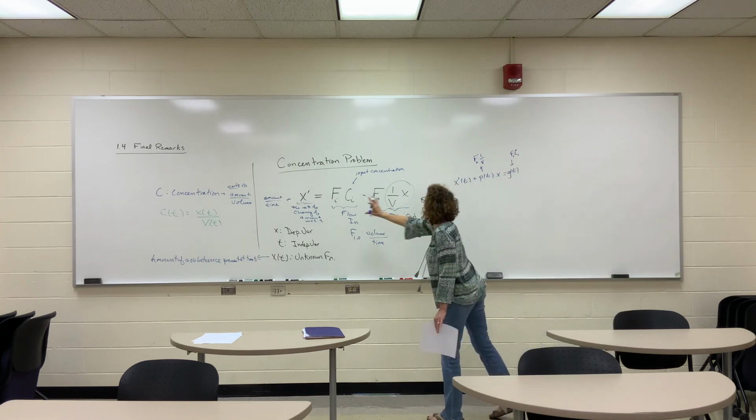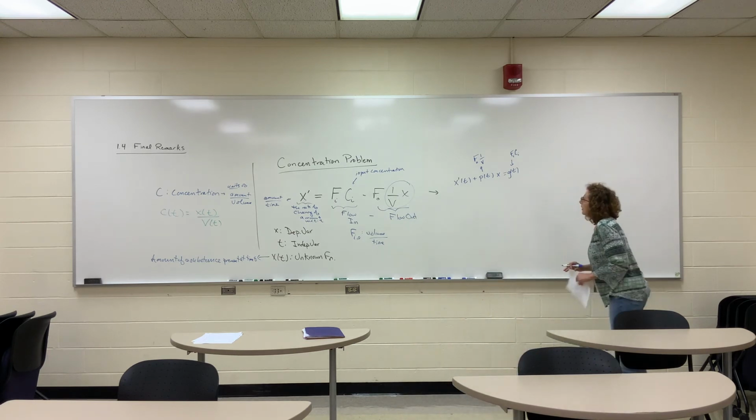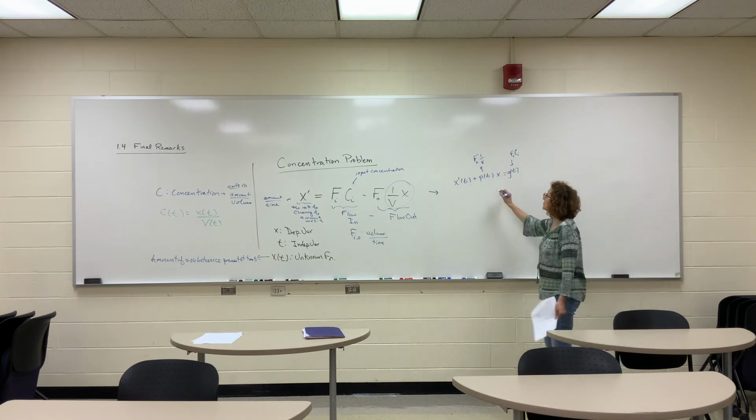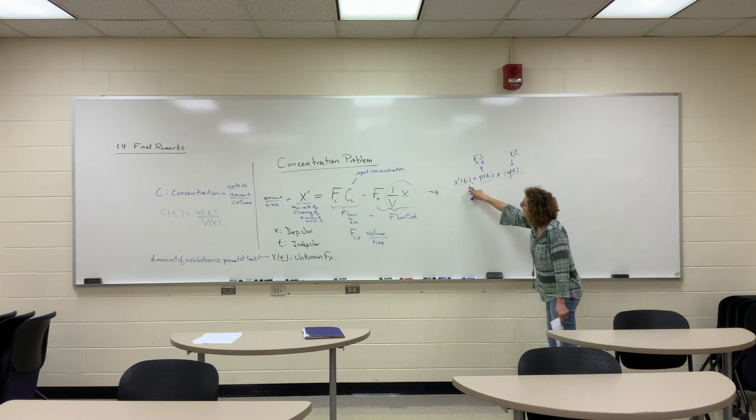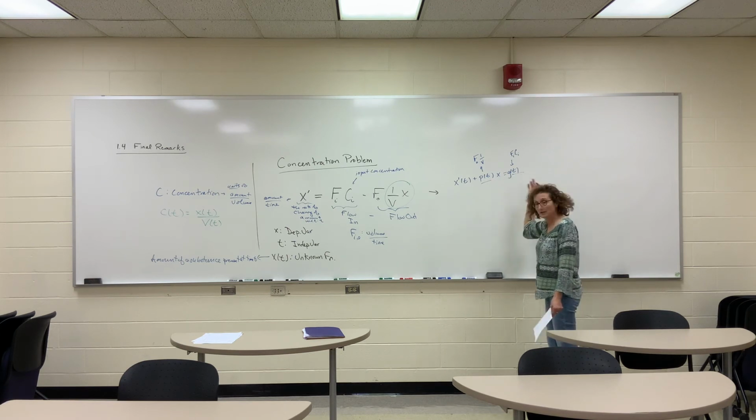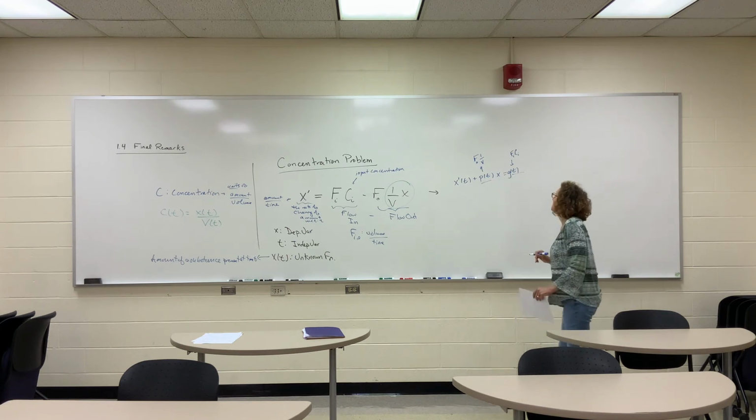Let me bring that guy across. Okay, and so we have our method for solving linear equations, except now instead of y prime of x, it's x prime of t. And instead of p of x and g of x, it's p of t and g of t.